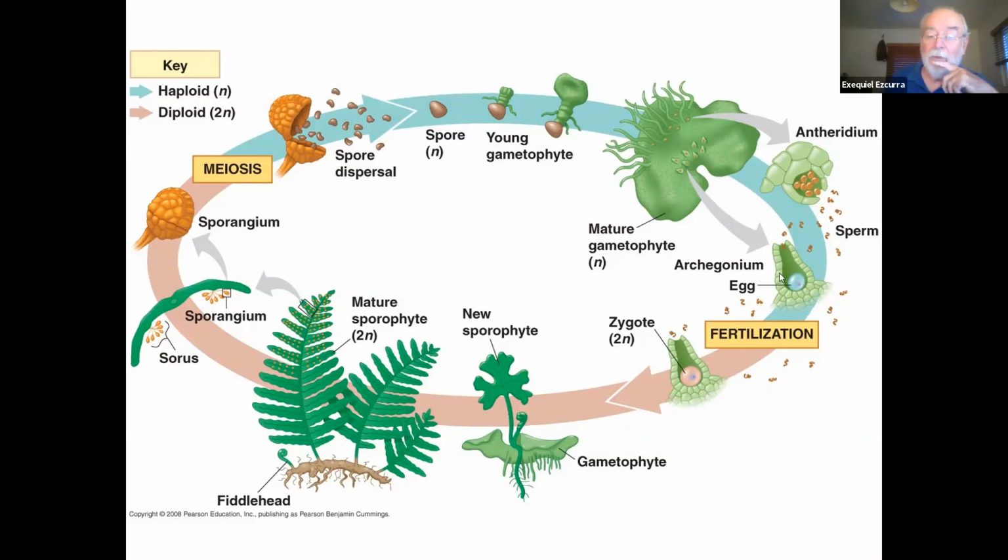When the egg is fertilized, it receives one complete set of chromosomes from the sperm, and so it becomes diploid. It starts growing like a zygote, and it keeps growing until a new plant starts growing from the gametophyte, a new fern.